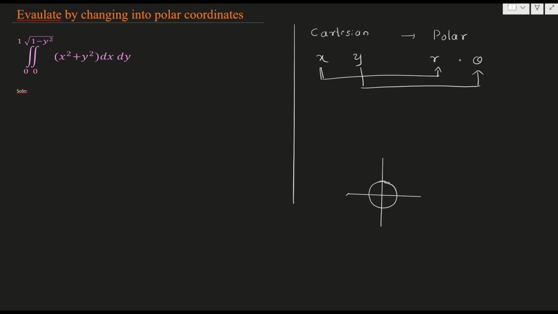As you know, while converting Cartesian to polar, we take x as r cos theta, y as r sin theta, and x square plus y square is equal to r square. This is the equation of a circle, and theta is an angle. Also, dx into dy will be r into dr d theta. These are the basic things we need to remember.